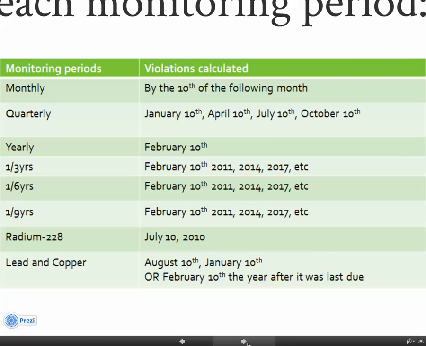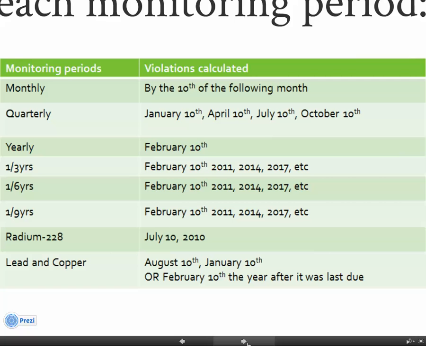If you have a yearly sample, for example, nitrate, or a once every 3, 6, or 9 year sample, then we calculate those violations at the end of the year. We have to report these violations to EPA by February 15th. So kind of our drop-dead deadline for our own calculations in-house is February 10th.